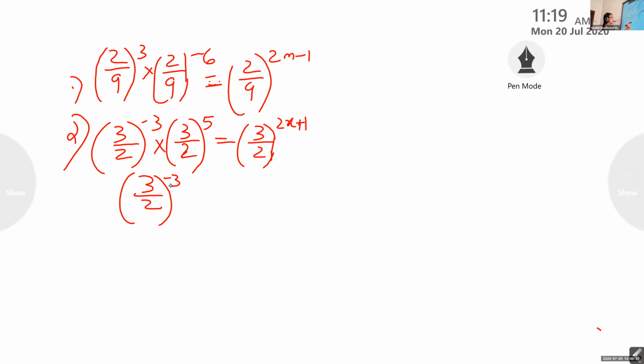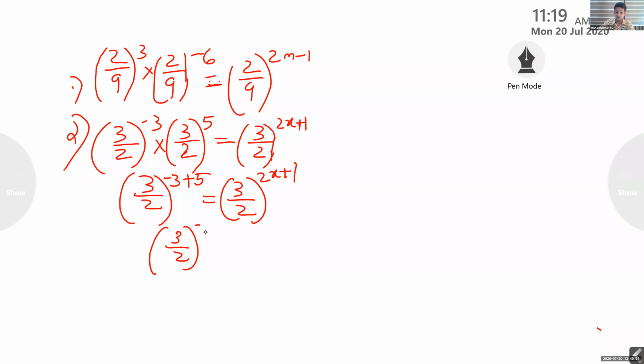Negative 3 plus 5 equals 2. So 3 by 2 raised to 2 is equal to 3 by 2 raised to 2x plus 1.